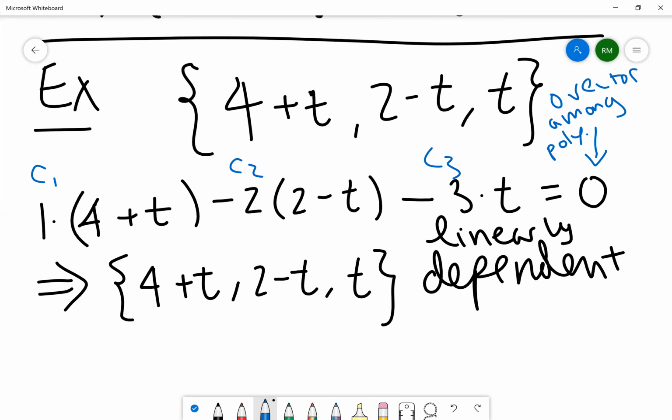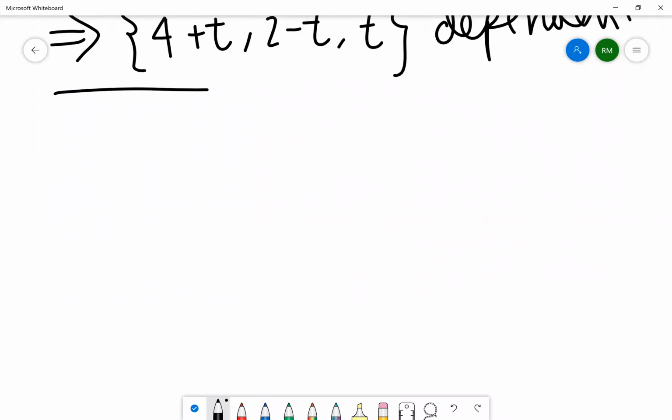So let's think of another example that I think is really interesting. And this is the example of continuous functions.